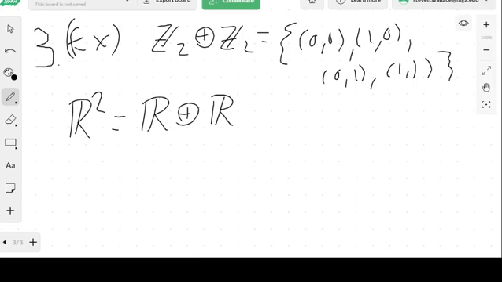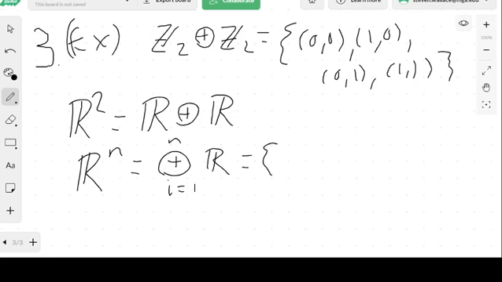So any vector space is an external direct product of real numbers, right? So these are ordered n-tuples (a1, a2, all the way up to an).